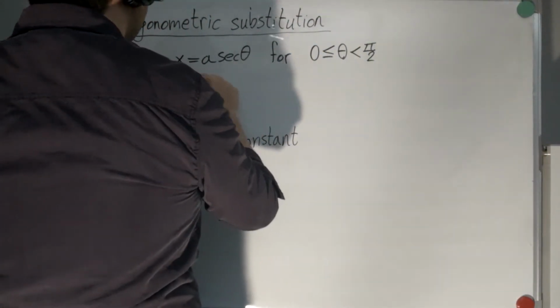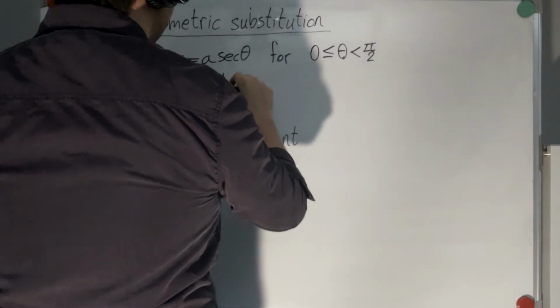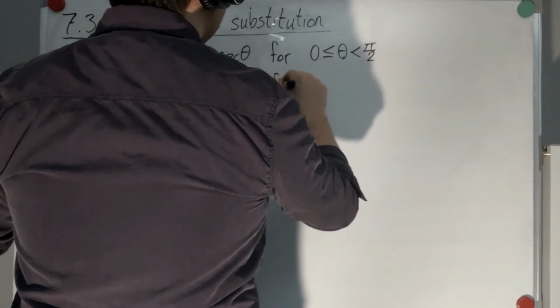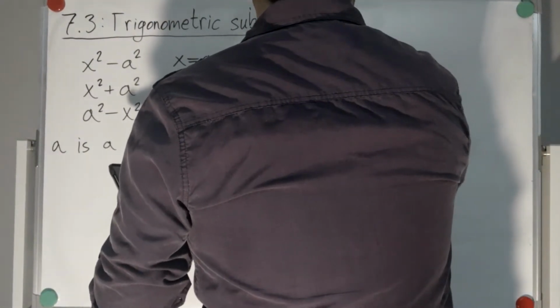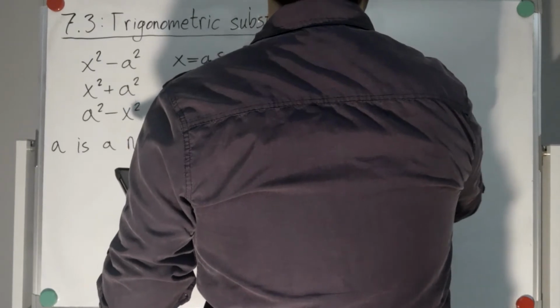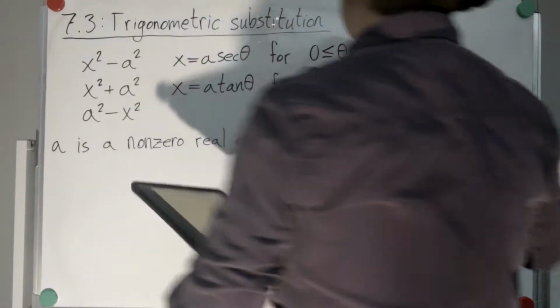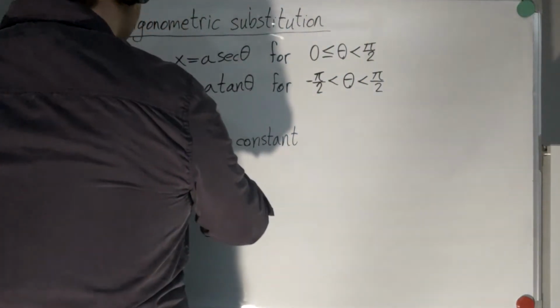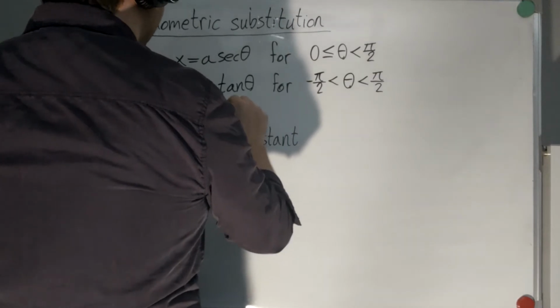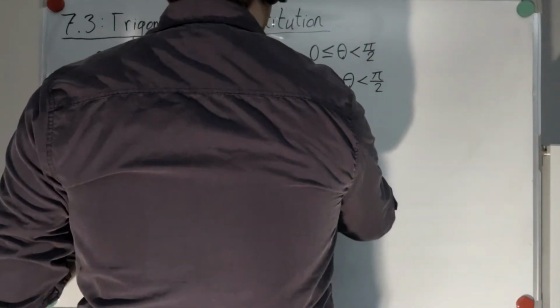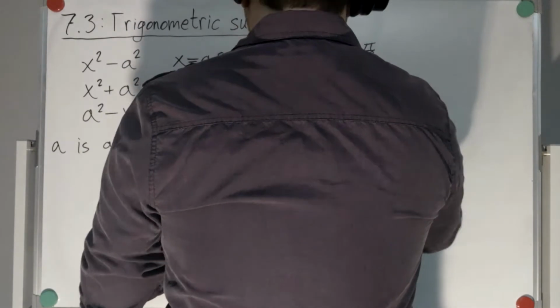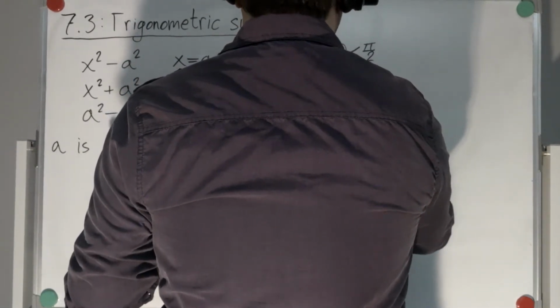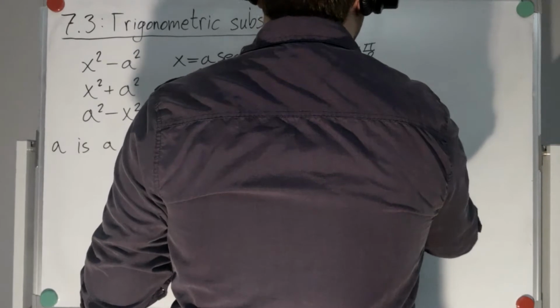If you have x squared plus a squared, then you need to substitute x equals a tangent theta, and in that case, you need your theta to be between negative pi over 2 and pi over 2, non-inclusive. And then if you have a squared minus x squared, then you want to say x equals a sine theta, for theta between negative pi over 2 and pi over 2 inclusive.